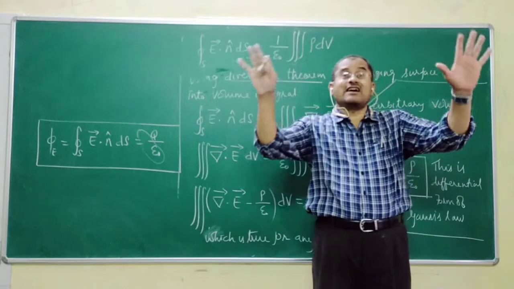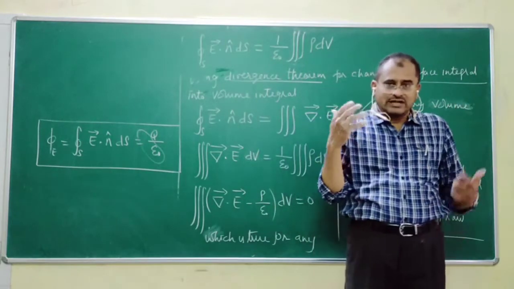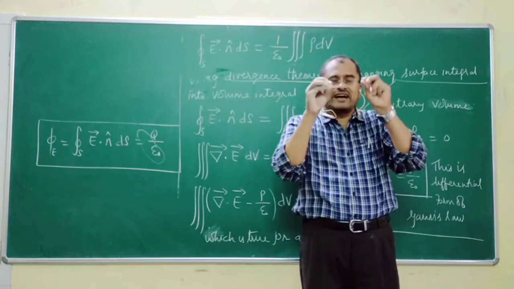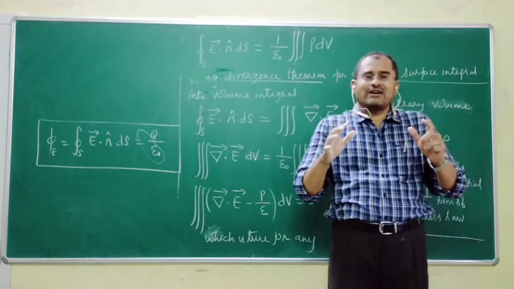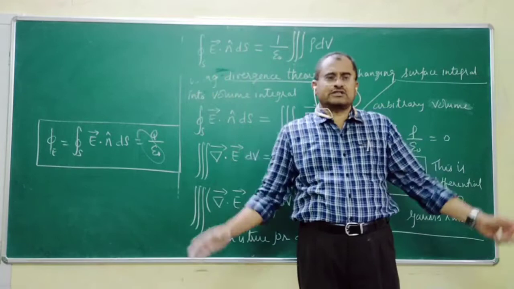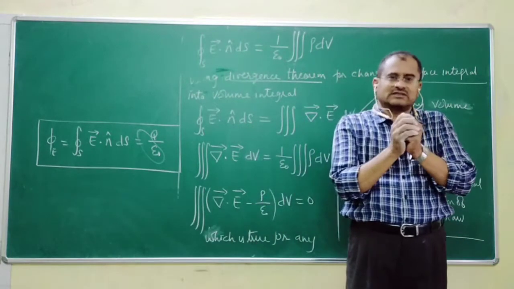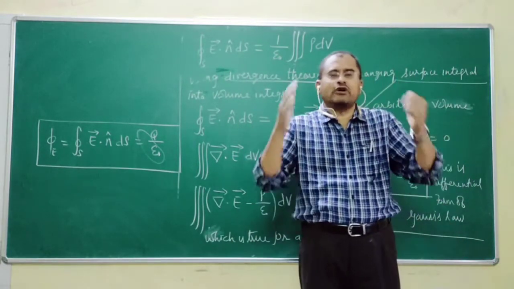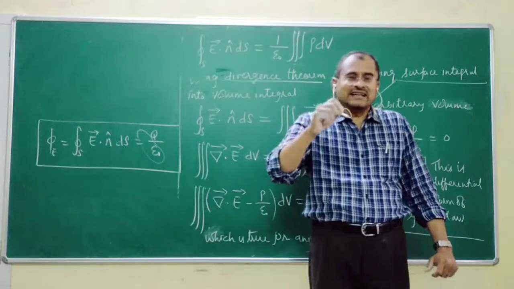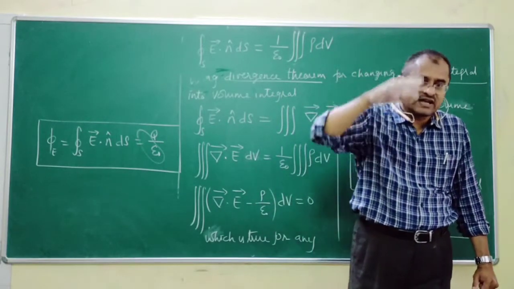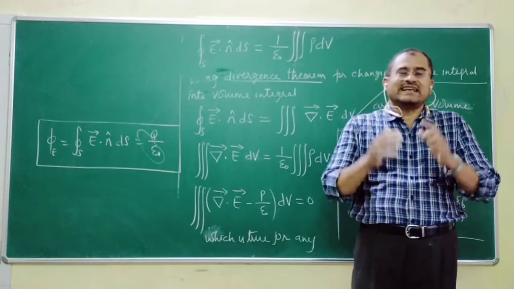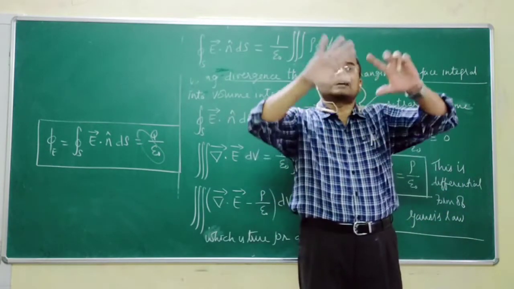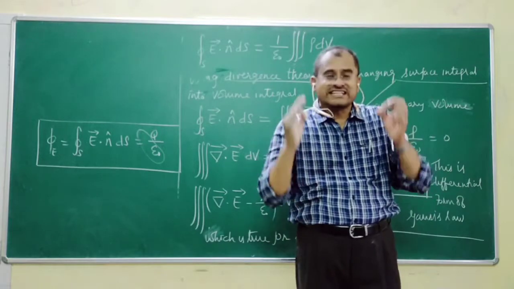If there is a charge distribution, what I mean is, instead of isolated charges, if you have a charge distribution so close that it's not possible for you to add the electric field due to individual charges, such a situation is described as a continuous charge distribution.